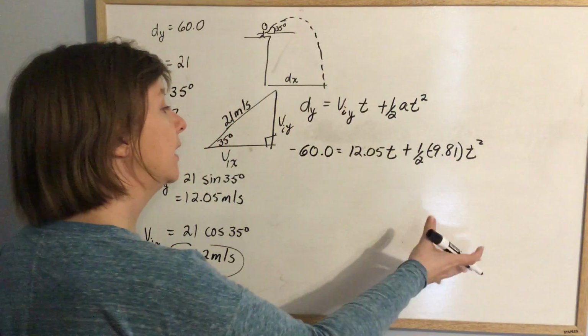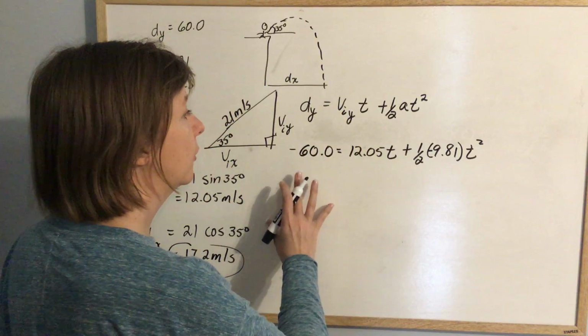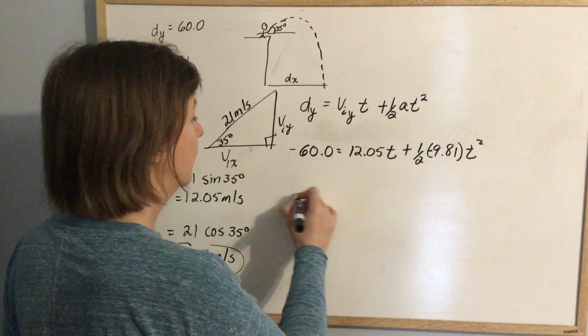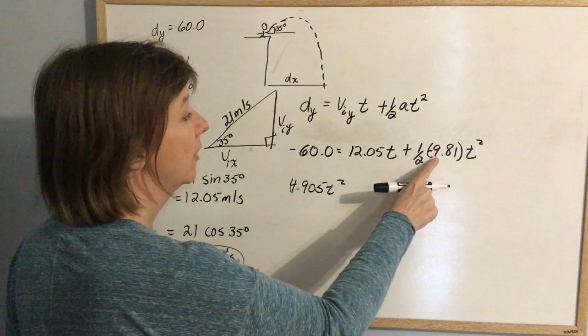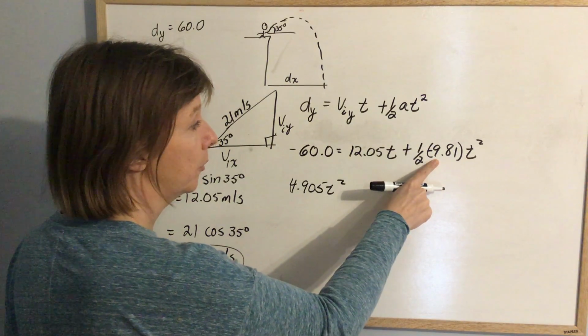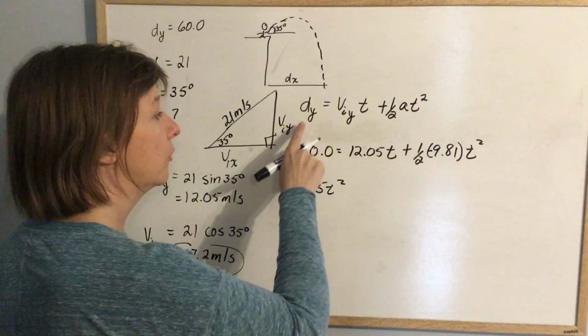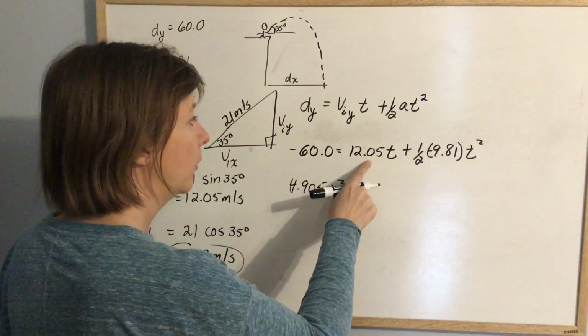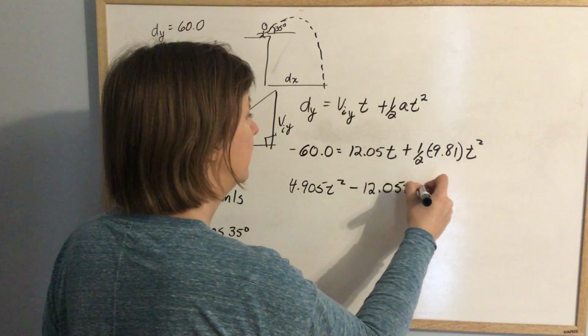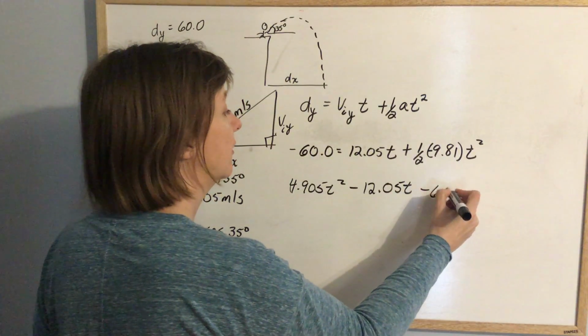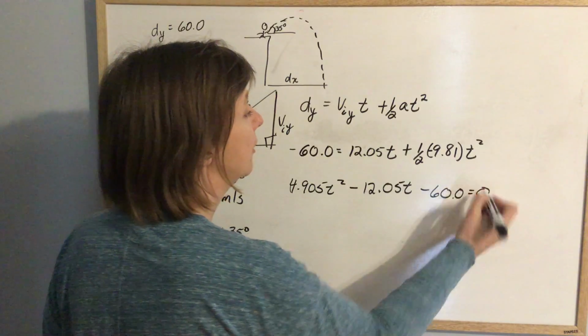In this case, it matters because when I move everything over to one side, this is going to be 4.905 t squared because this is negative 4.905, but when I move it over here, it becomes positive. When I move this over, it becomes minus 12.05 t, and this stays minus 60 because I'm not moving it anywhere, is equal to 0.